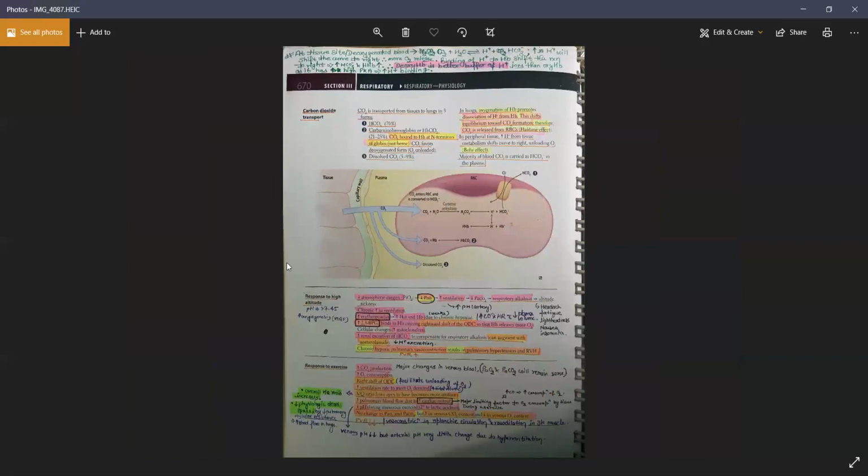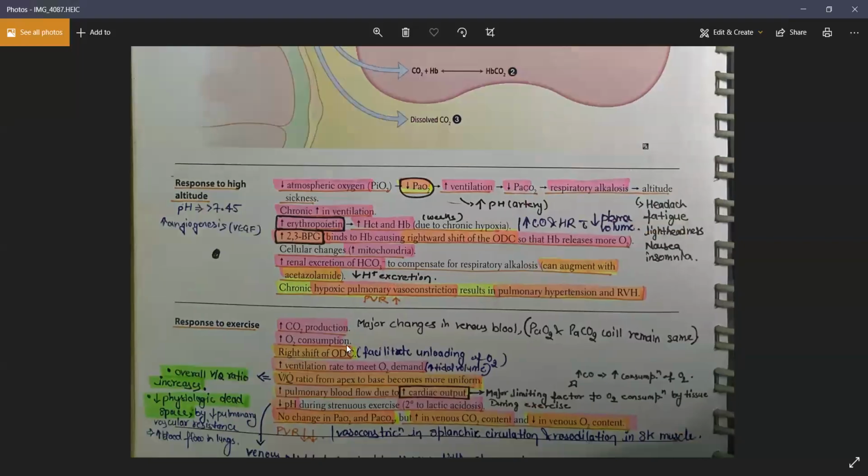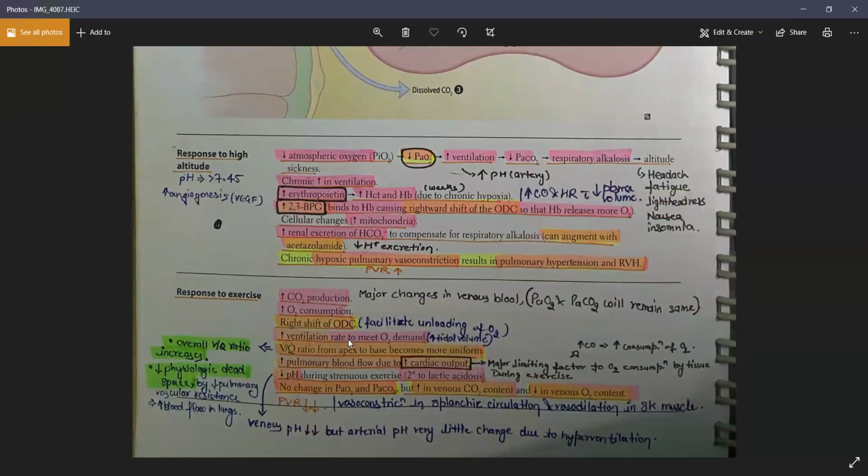Any doubt anywhere on this page? Can you please repeat the VQ part? The VQ ratio from apex to base becomes uniform. It will be approaching 1 in zone 1, zone 2, and zone 3. The VQ will be approaching 1 from 0.8 overall.